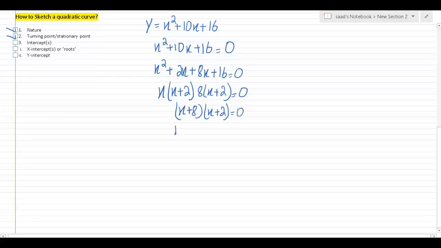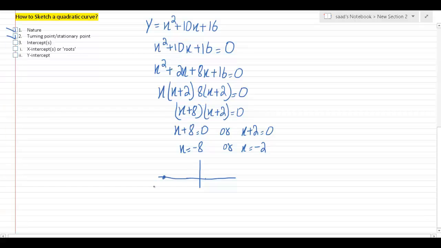Either x plus 8 equals 0, which gives x equals negative 8, or x plus 2 equals 0, which gives x equals minus 2. So our curve will have two x-intercepts: negative 8 and negative 2.